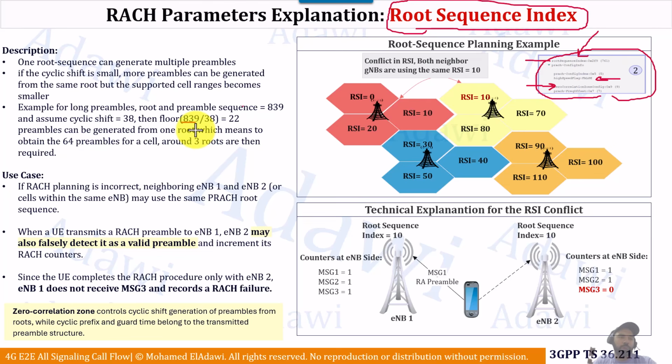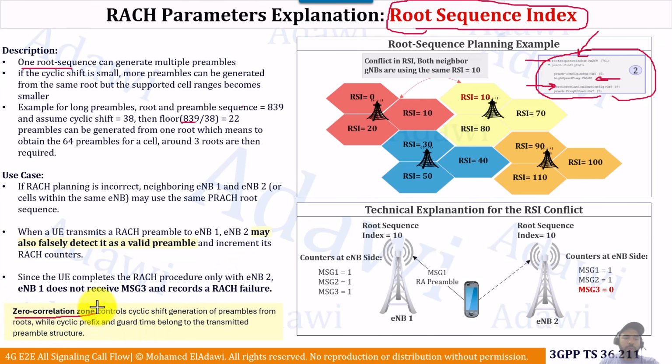What is meant by these sequences? The main definition says that one root sequence can generate multiple preambles, depending on other parameters, for example the zero correlation configuration, which is this parameter here.